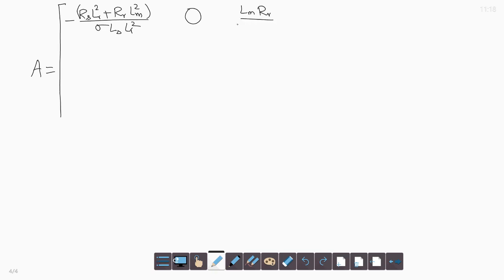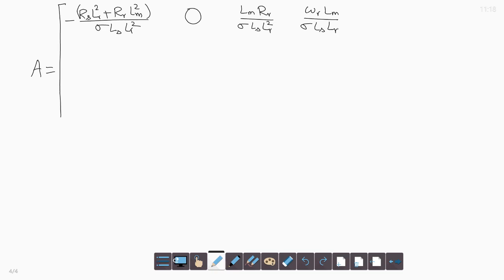A is, first, minus R s into L r square plus R r into L m square whole divided by sigma L s L r square. Second term is 0, third term is L m R r by sigma L s L r square, and fourth term is omega r L m divided by sigma L s into L r.